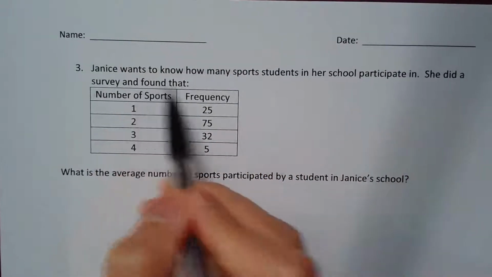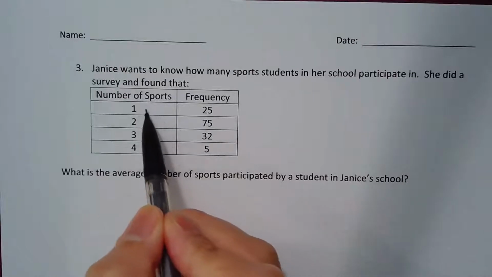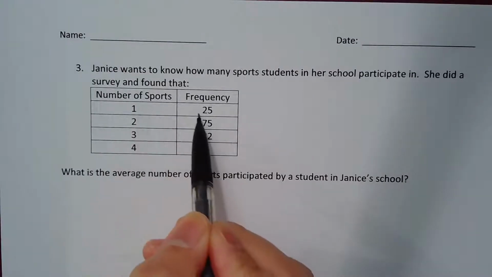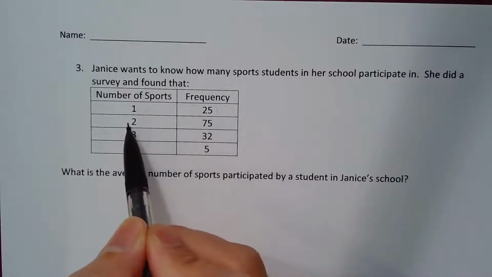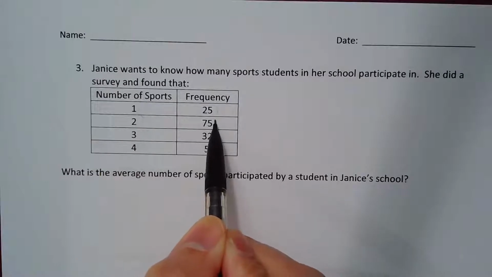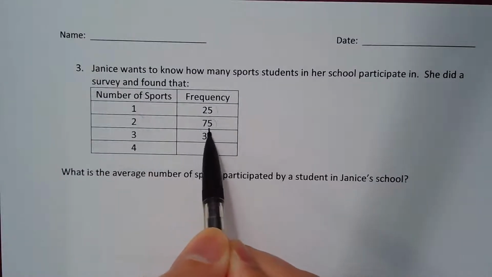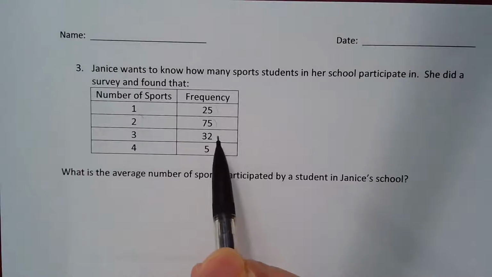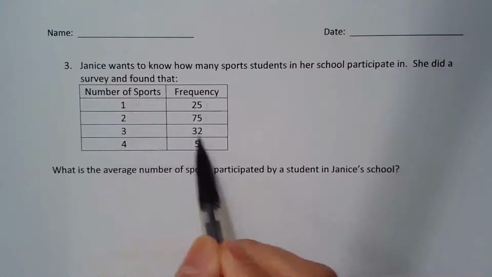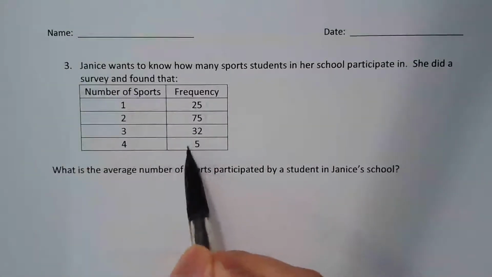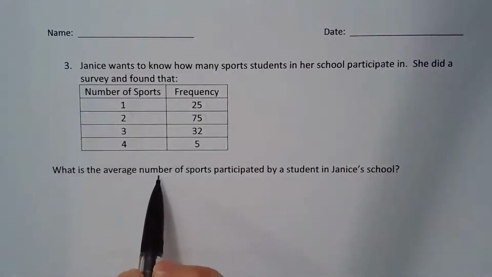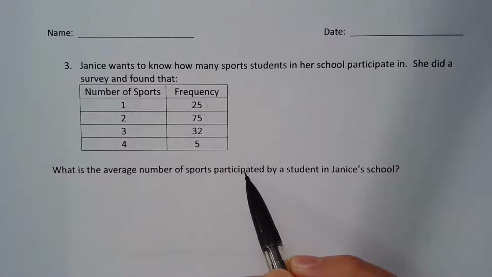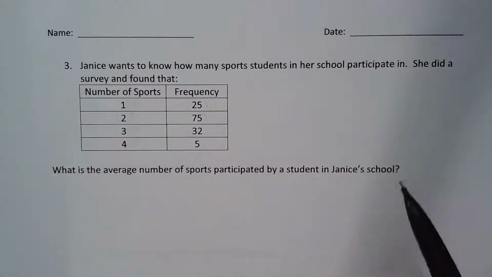She did a survey and found that one sport, 25 students participated in that one sport. Two sports, 75 people participated in that one. Three sports, 32 people, and then four sports, 5 people. So the question is, what is the average number of sports participated by students in Janice's school?